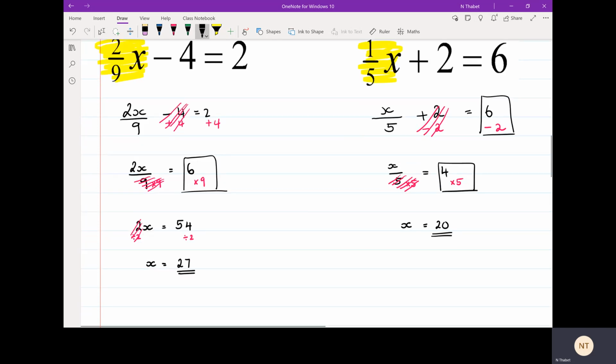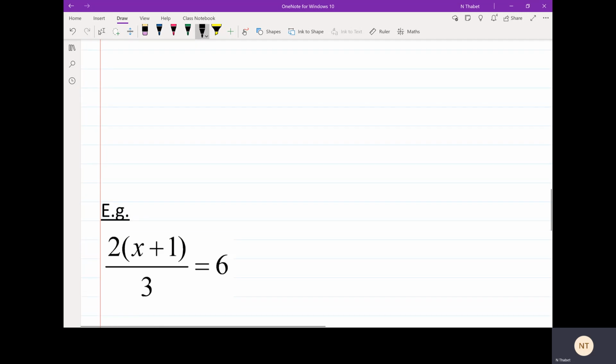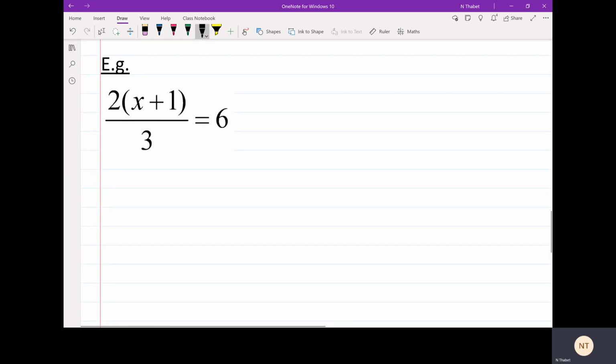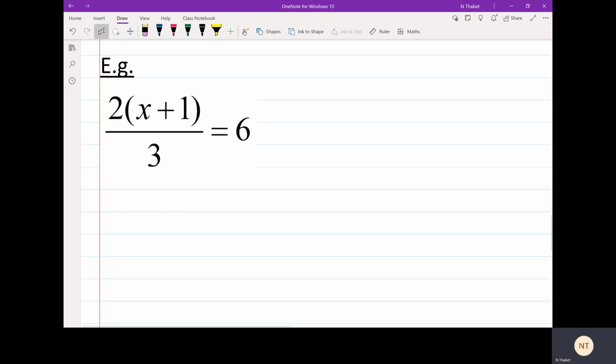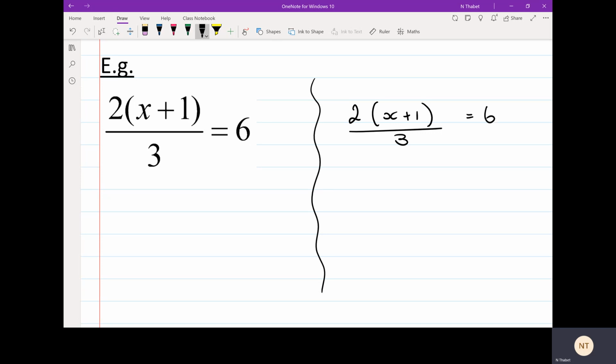And the last example combines multiplying brackets. There are actually 2 starting points to this question, so I'm going to write it out twice. 2(x plus 1) over 3 equals 6.